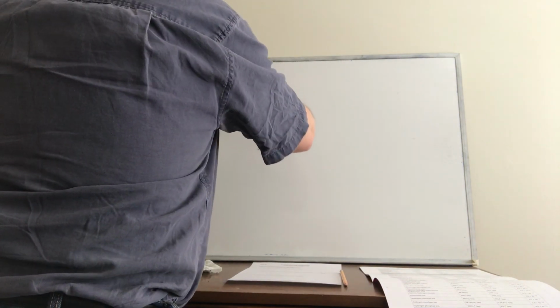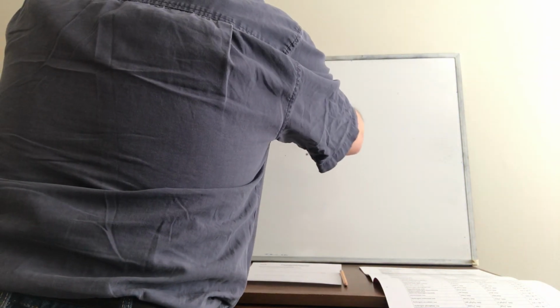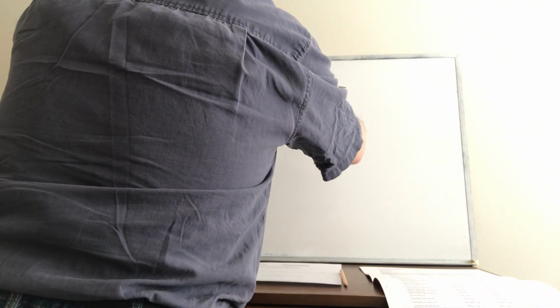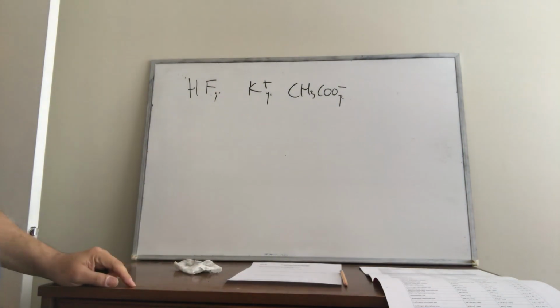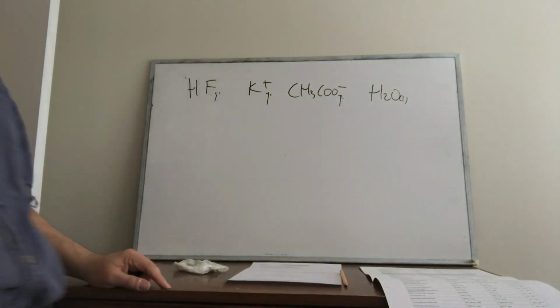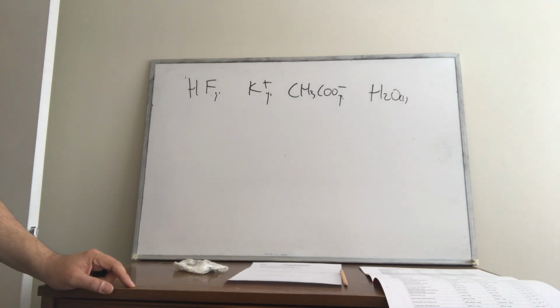Potassium acetate, so we have the potassium ion, and then we have acetate, CH3COO minus, that's aqueous. So all 3 are aqueous, and since it's a solution, we also have liquid water. Okay, so now we have all species as they would occur in solution.